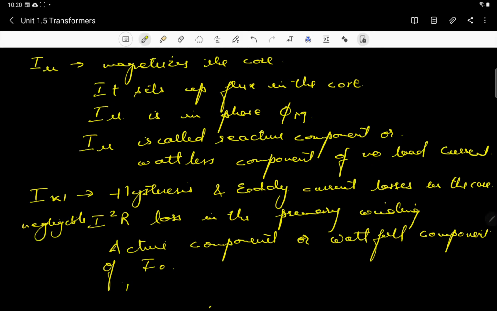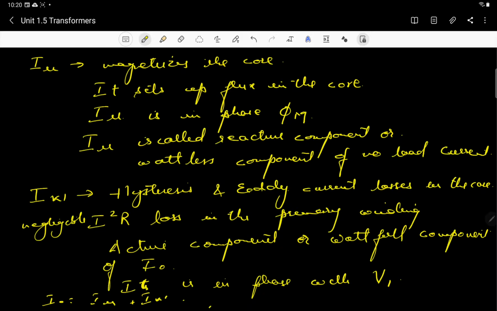It is in phase with V1, that is the supply voltage. And now this I naught, which is the sum of I mu plus IW, is approximately 3 to 5% of the rated current of the primary side. All right. So this is all about the I mu and IW.